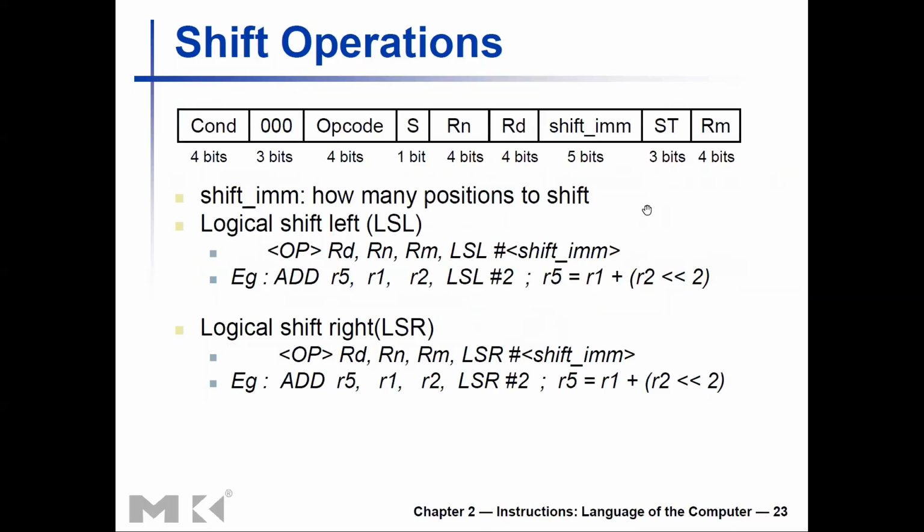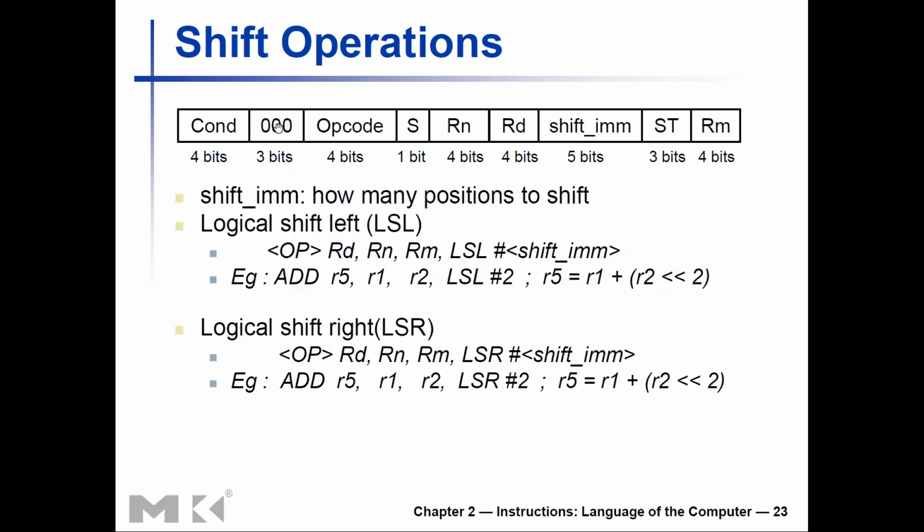So shift operations, if you look at the way they are encoded in binary, we already talked that they are used as part of the data processing instruction. So condition is there, and then the format is 0.